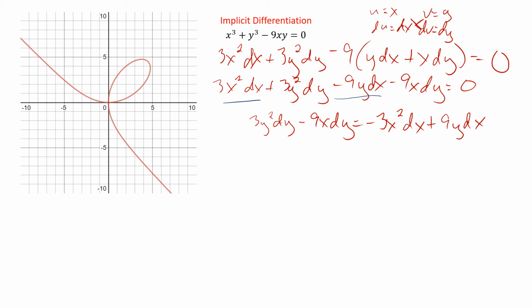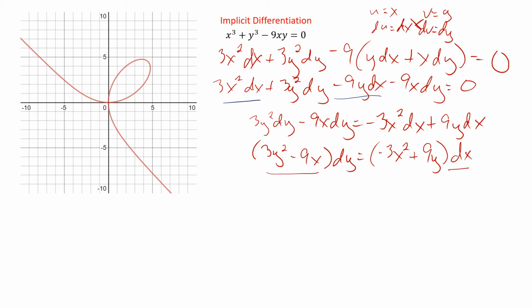dx. Factor out our dx and our dy. 3y squared minus 9x dy equals -3x squared plus 9y dx. And then we're going to divide by the dx, and we're going to divide everything other than the dy.